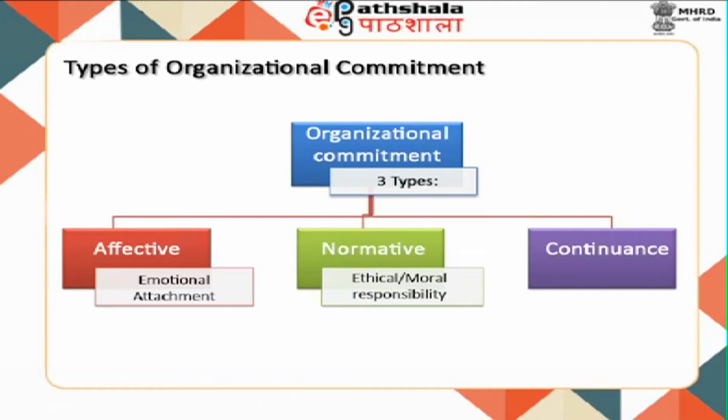Continuance commitment is the economic value perceived in a situation when an employee stays in the organization rather than leaving the organization. Hence, the perception of the employee is that the organization is paying well and leaving the organization would be detrimental for the employee and her or his family.